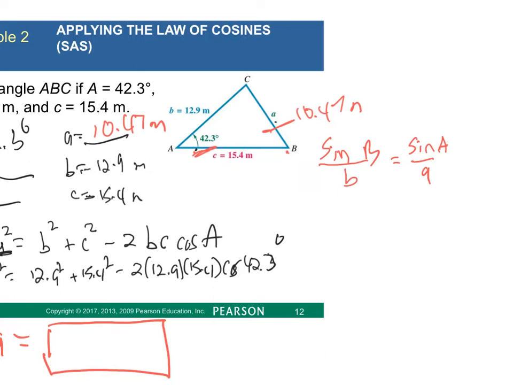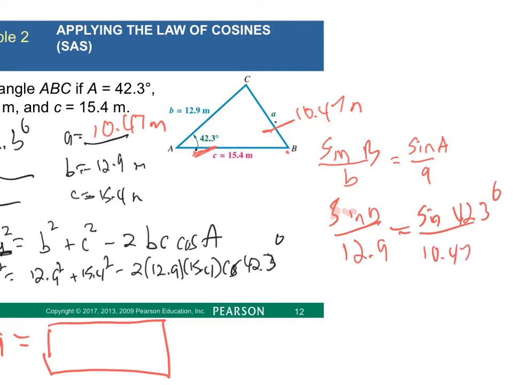So sine of B over B, which I do know is 12.9, has to be equal to sine of A, which is sine of 42.3, over the answer that I just found for small a, which was approximately 10.47.